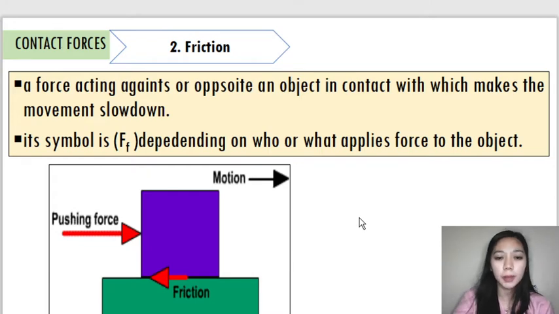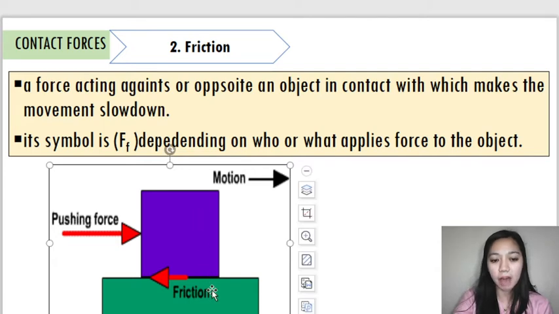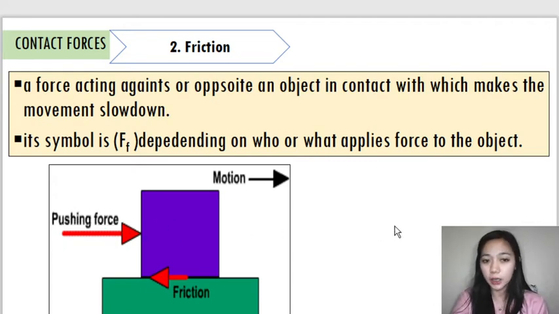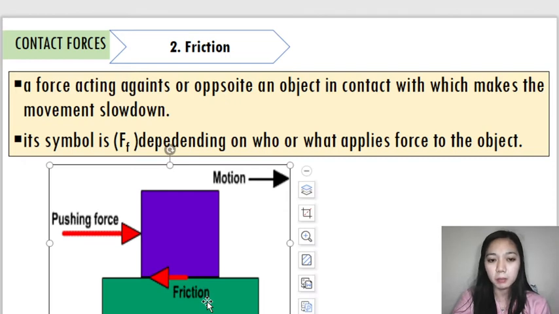Okay? So, to better understand friction, I have here an example. We have two objects, a box and we have the surface or ground. Ngayon, let's try to push the box. So, let's apply a force by pushing the box. Yung direction ng force natin ay to the right. Now, magre-react yung ating ground. Remember that the force is, or forces are always in pairs. So, kailangan magre-react yung ating second object.